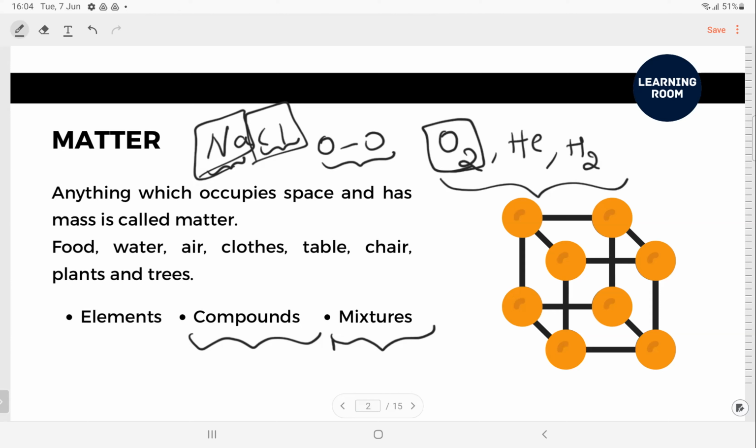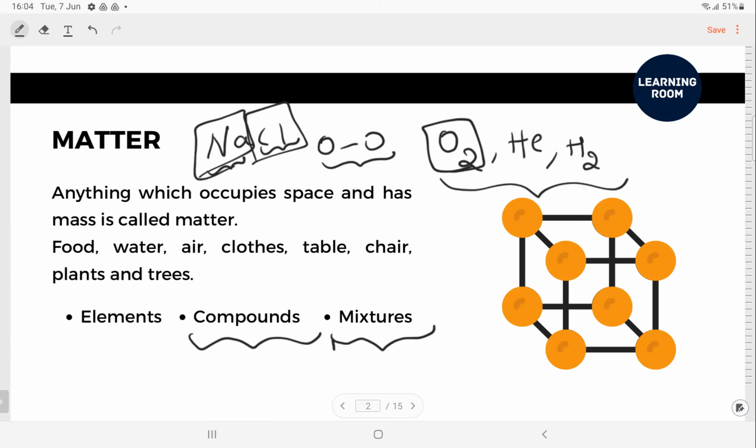Is the sand changing its physical state? No. So here, the solute is not dissolved in the solvent; it can't completely dissociate. That is the explanation of homogeneous mixture and heterogeneous mixture.